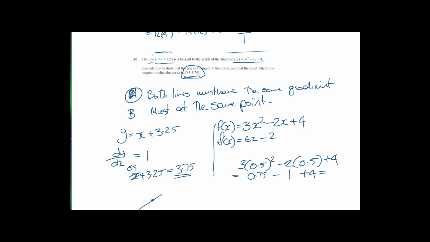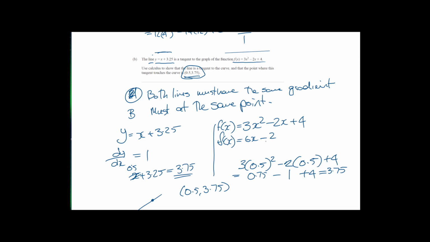So we get 1 plus 0.75 plus... 3.75. So both of these go through this point (-0.5, 3.75). Now, do they have the same gradient?